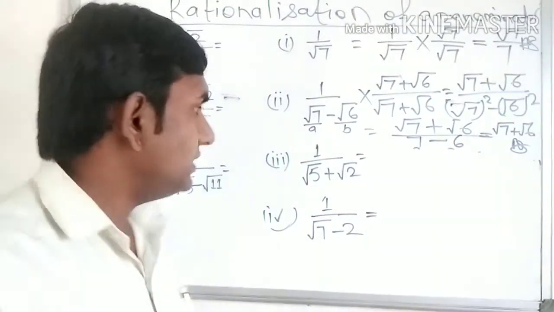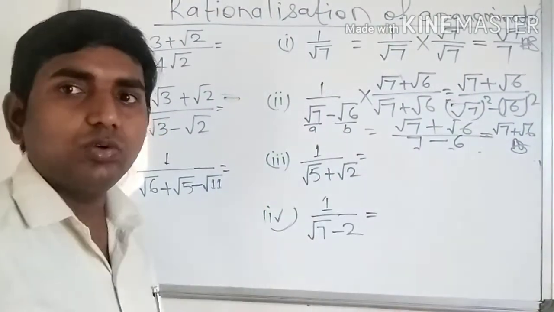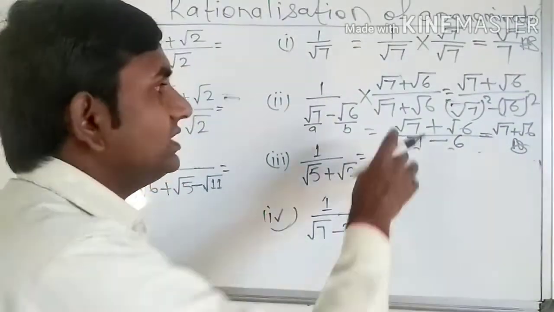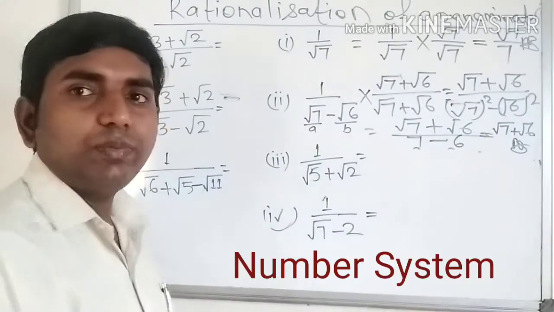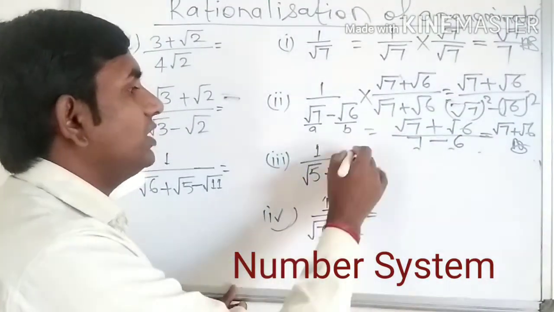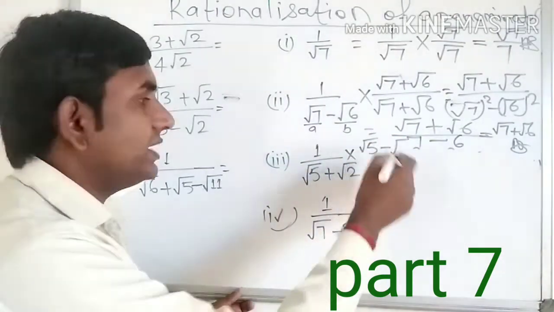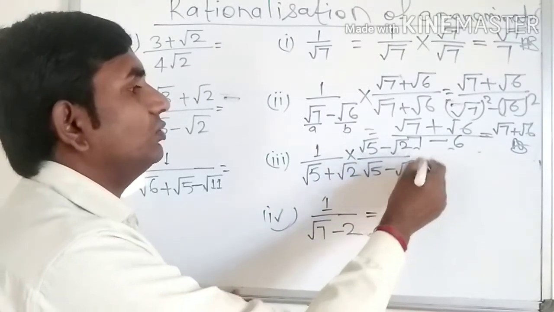Now in the next question, 1 by root 5 plus root 2. Here the term is given with a plus sign. Then we also have to change it into the form a square minus b square. For this we multiply by the opposite sign. So we multiply numerator and denominator by root 5 minus root 2, by root 5 minus root 2.